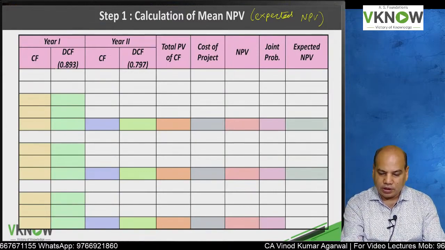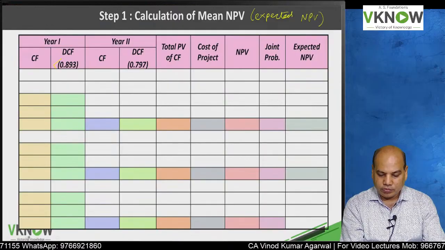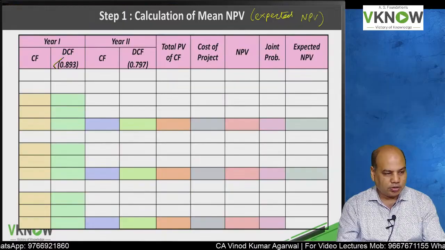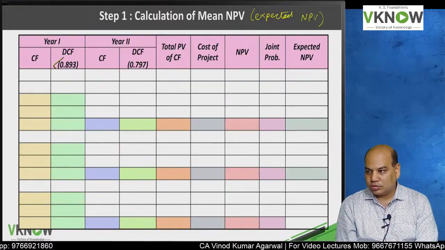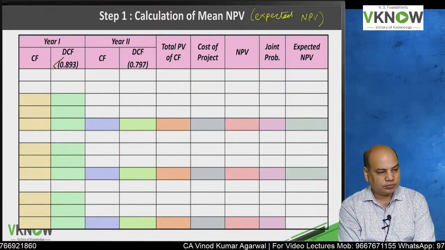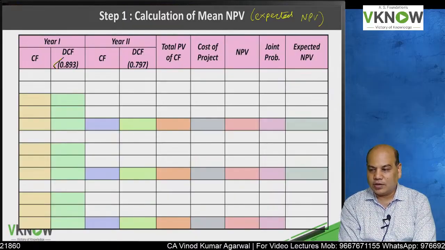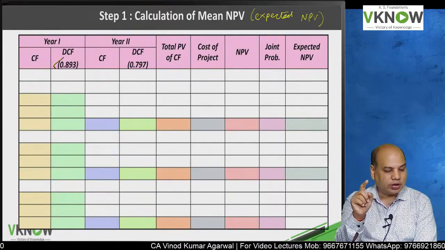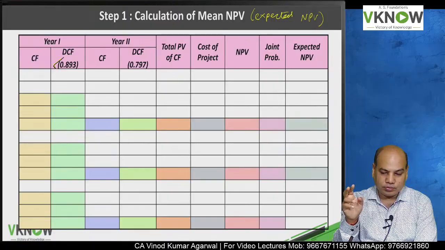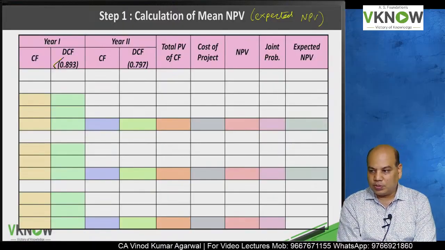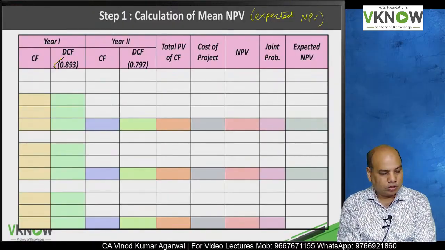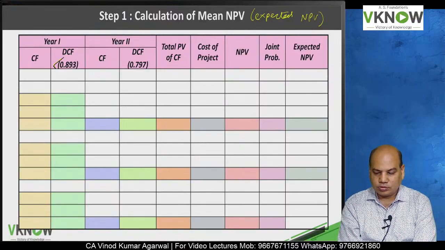This is the present value factor for year 1. Year 2, cash flow, discounted cash flow. Second year factor, 1 divided by 1.12 squared. Total PV of cash flow.